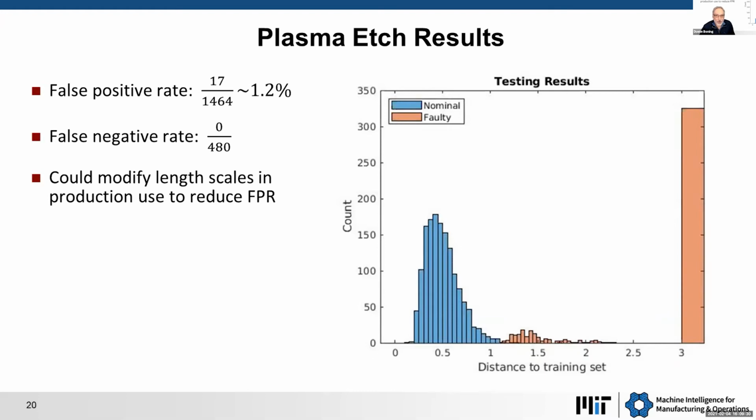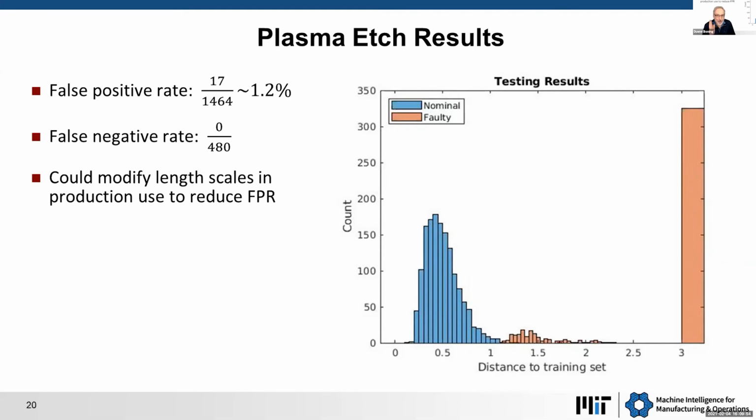You can see here a histogram of the count of nominal data in a held out test set, and the faulty data in orange. And you can see that's measured as a distance to the training set. So 1 is kind of, I'm within 1 distance measure from a known good point.